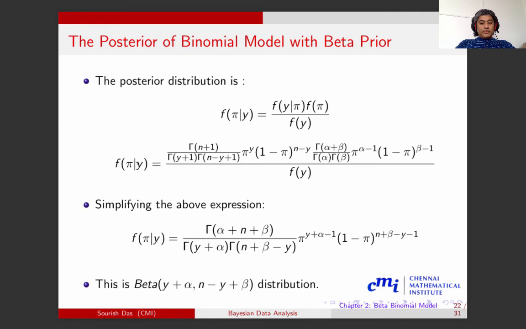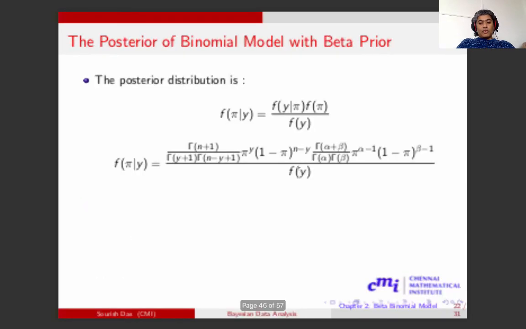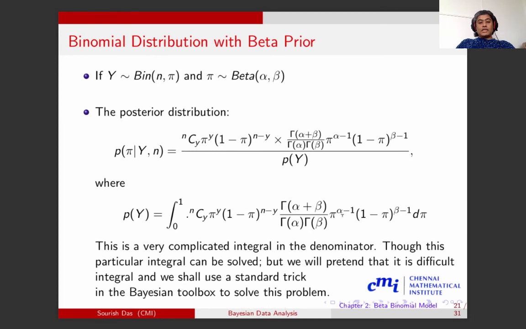If you simplify the above expression, then it turns out my posterior distribution is a beta with y plus alpha, n minus y plus beta. I am leaving it as an assignment to figure out what f of pi is. All you have to do is solve this integration.